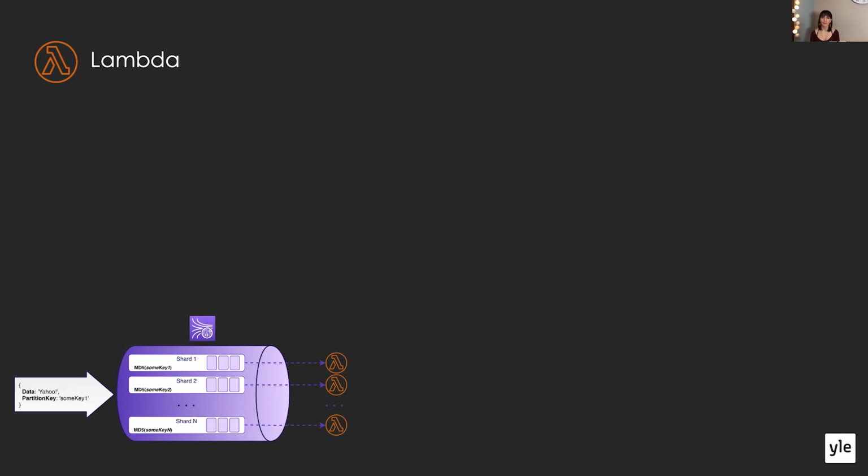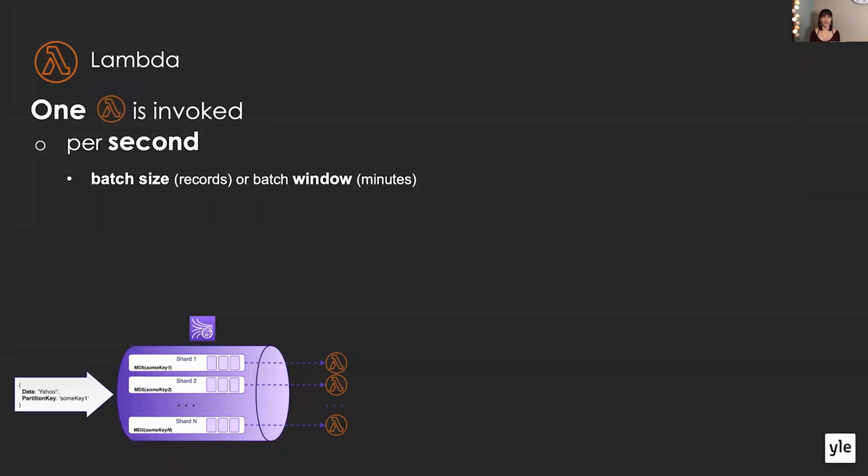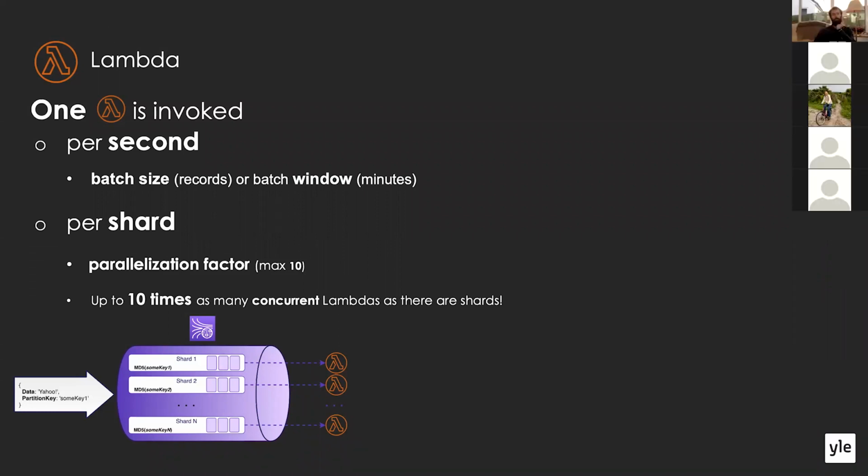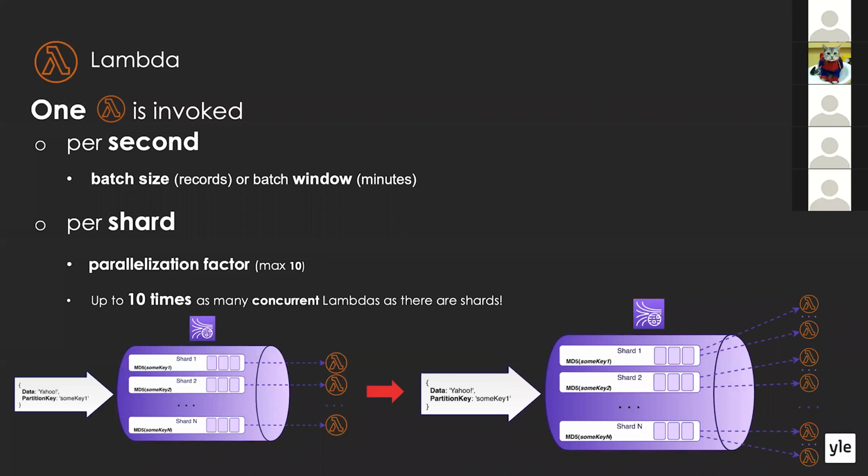So by default, one Lambda function is invoked once per second, and it reads batches of records from a single shard. So there are going to be as many parallel Lambda functions reading from your stream as you have shards, and each Lambda will be reading from its dedicated shard, unless you're configuring something called Parallelization Factor.